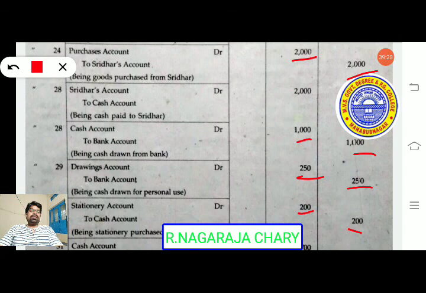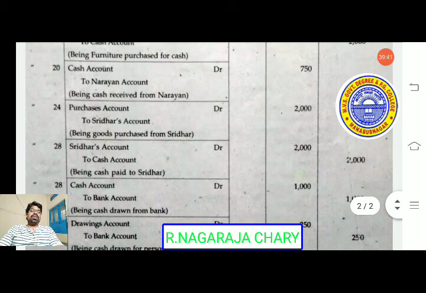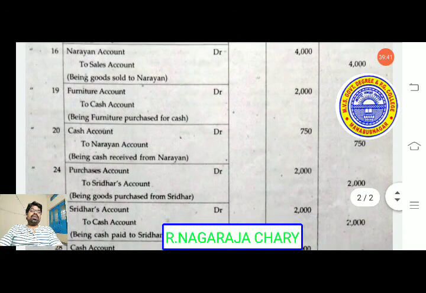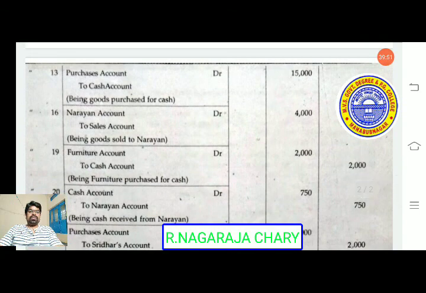Like this you can observe both the aspects, debit aspect and credit aspect, whatever it is in a transaction, we have giving aspect and receiving aspect, both the aspects will be equal.